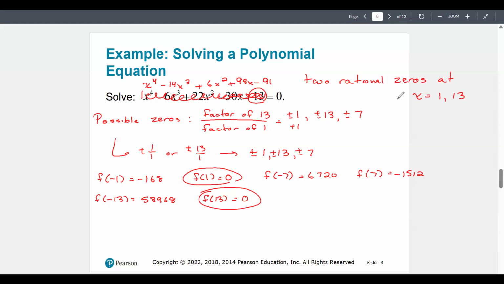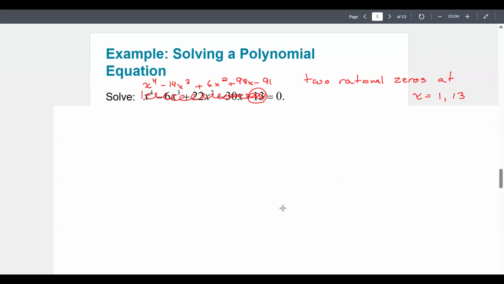So now once we have that, we can go back and start factoring this whole polynomial and solving it. Solving it means we want to find all the zeros. So these are my zeros, meaning that I think I have two factors: x minus 1 and x minus 13.